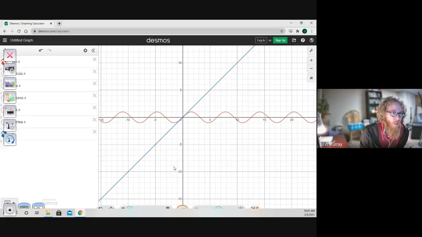It would fail the vertical line test, right? We would have more than one y value for one x value. Plugging in 0 would get us an infinite amount of answers. So we have to have somewhat of a restriction on the inverse.